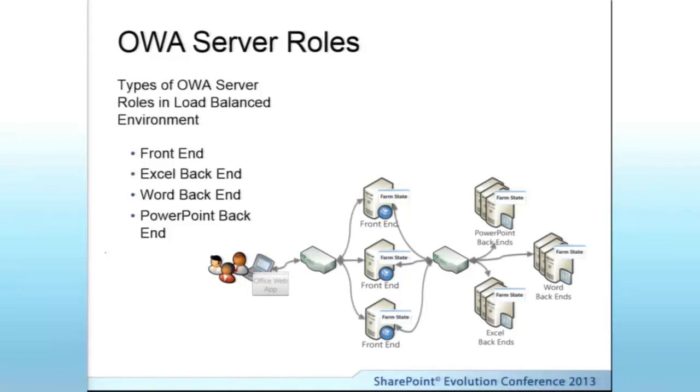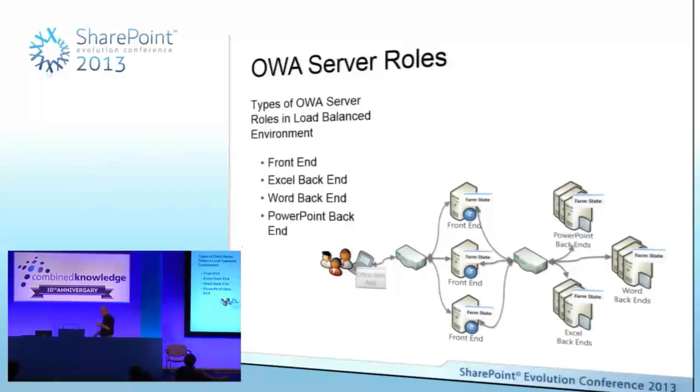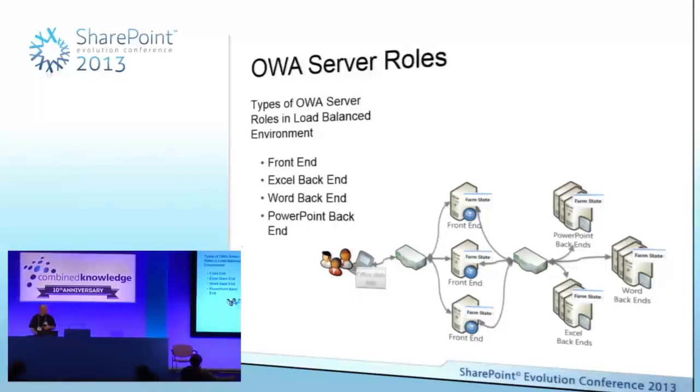We can either leave it as a front-end server, or we can set up network load balancing and allow this server to route the request to the least busy of the servers in the background, and those servers can be hosting specific applications. That gives us the scalability we're looking for. If we don't really use Word, we don't need to install that as a separate role or application, and we can have multiple Excel servers if we use Excel heavily. So again, it gives us a lot of flexibility with how we build this out for our environment.